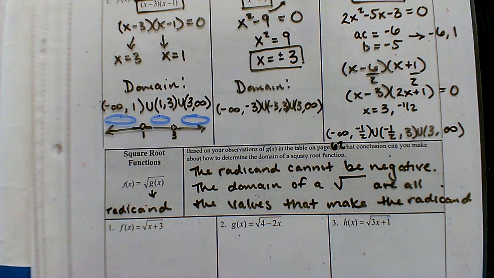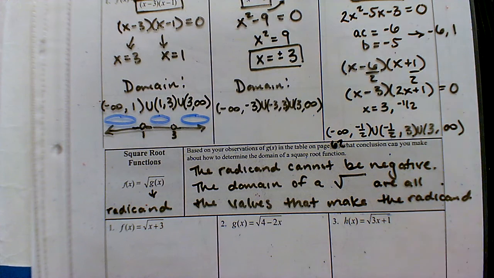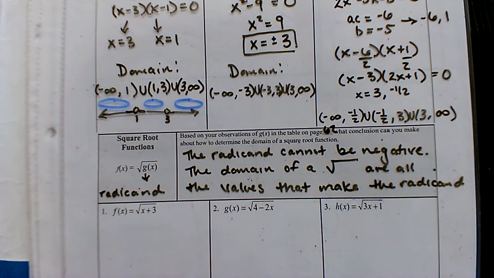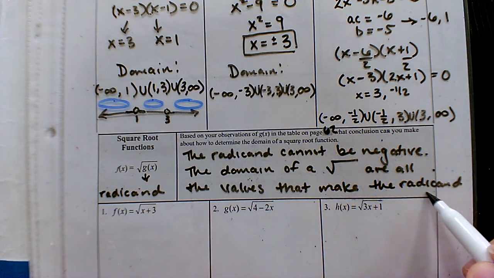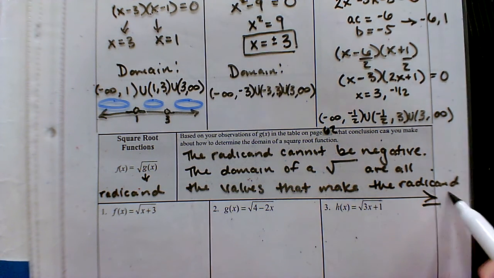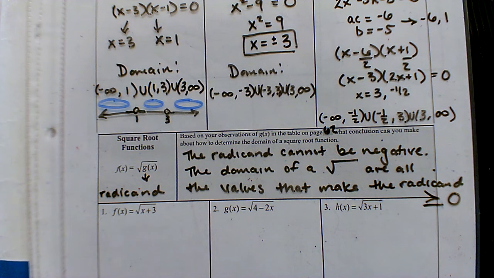Positive or equal to 0. Okay, so if you can't be negative, you're either positive or equal to 0. So in terms of a mathematical notation, how can we show that idea? A 0 and then you can have less than or equal. Okay, so greater than or equal to 0.